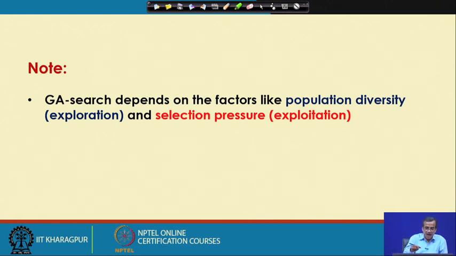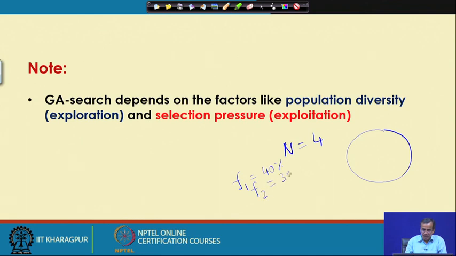Supposing that I have one GA population of size n equals 4, and if I consider one roulette wheel here, supposing that for the first solution, F1 is say 40% of the total fitness, F2 is say 30% of the total fitness.